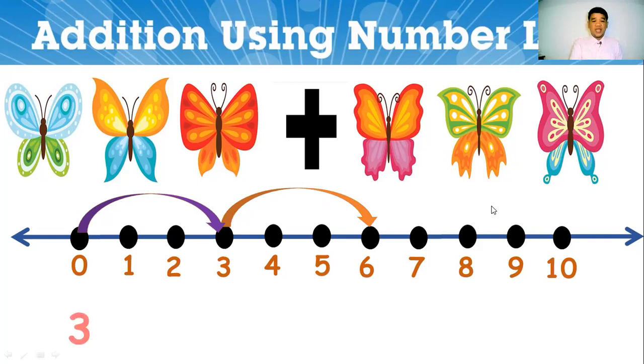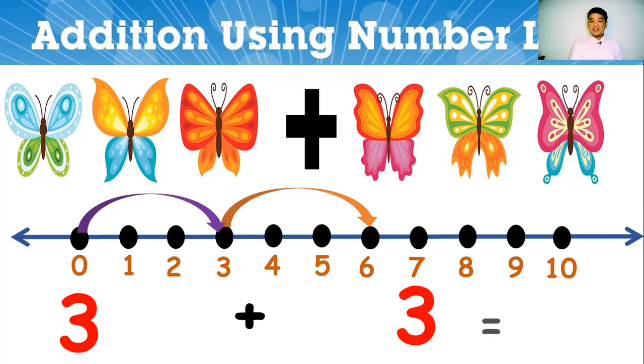Okay, so we have 3 plus 3 equals. Now let's count the butterflies: 1, 2, 3, 4, 5, and 6. Now the question is, how many butterflies are there all together?